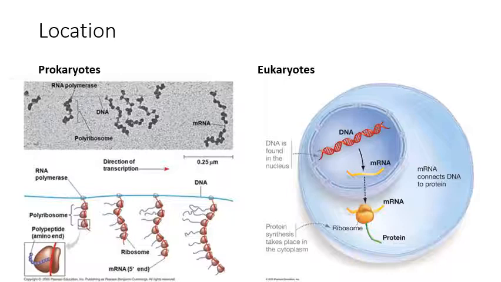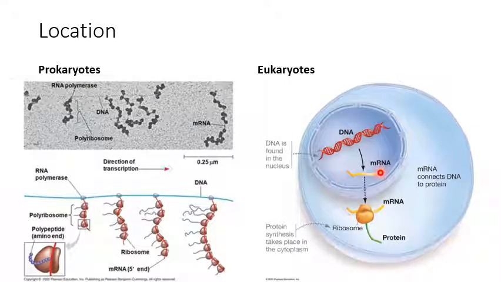One really important difference between transcription and translation in bacteria and in eukaryotes that we didn't talk about is the location in the cell where these things are happening, because eukaryotes have their DNA in a nucleus, and prokaryotes just have it in the nucleoid, part of the cytoplasm. So in eukaryotes, you have transcription in the nucleus that makes mRNA.